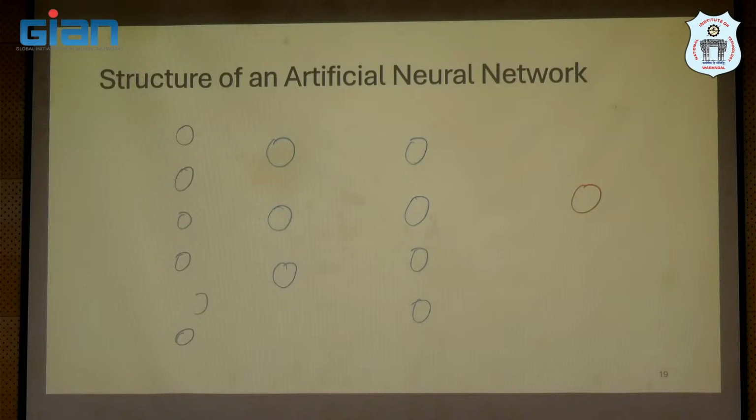So you can have multiple layers of neurons arranged. And whenever you have hidden layers greater than 1, we call this a deep network. When the hidden layer number is greater than 1.